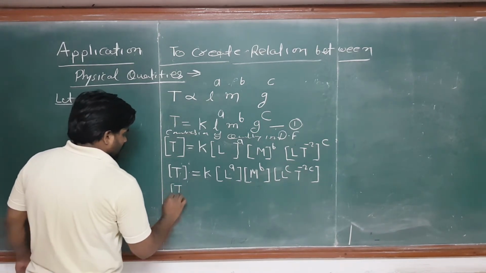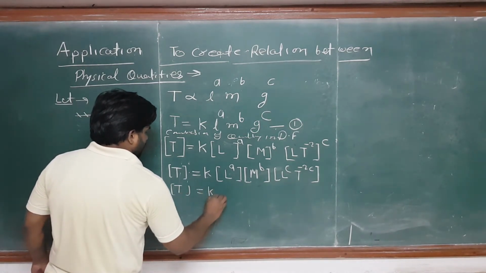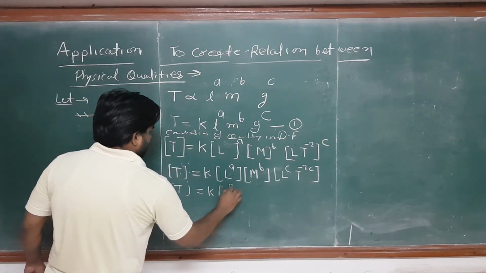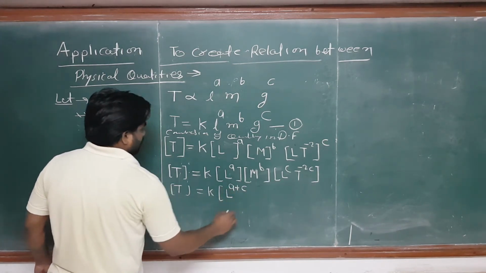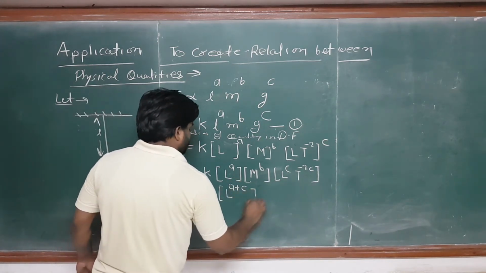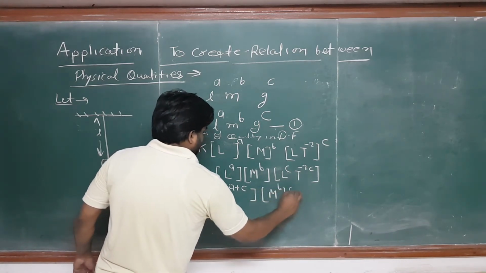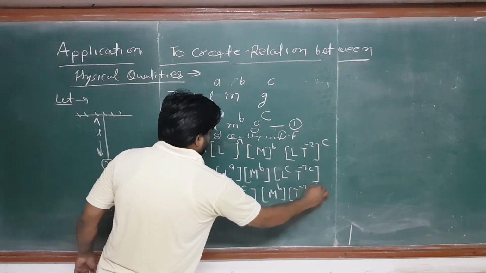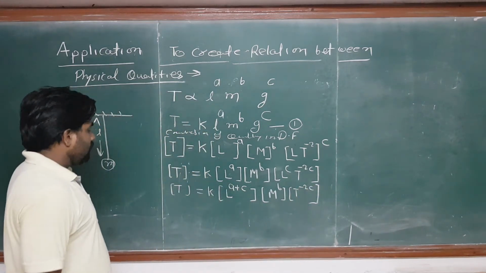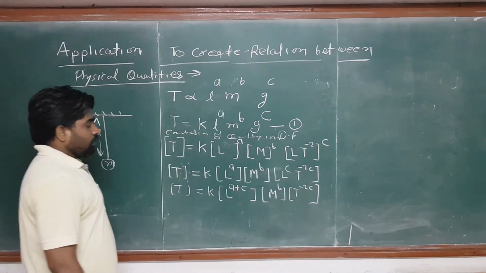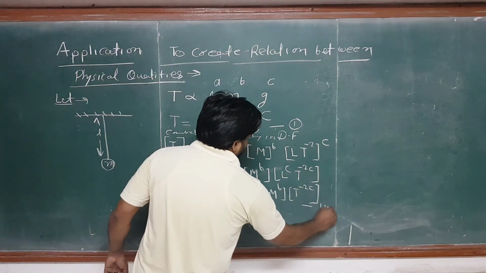Then T equals K L to the power A plus C, there is no M here, so M to the power B and T to the power minus 2C. This is equation number 2.